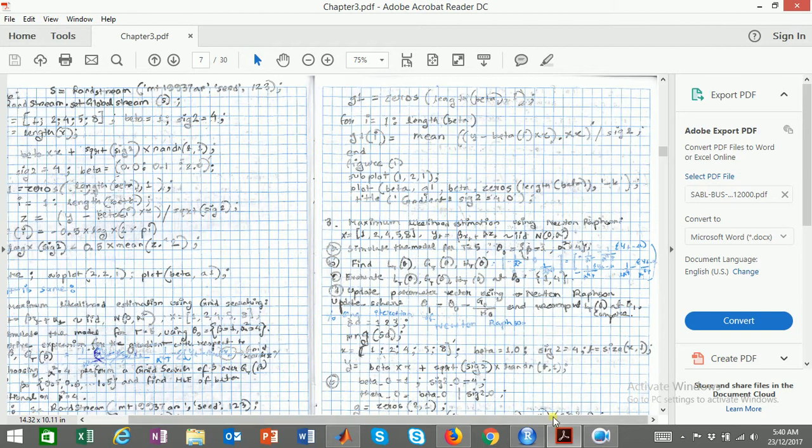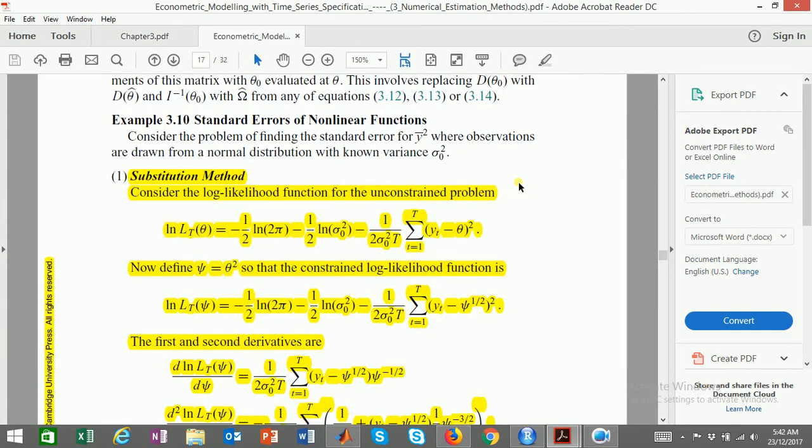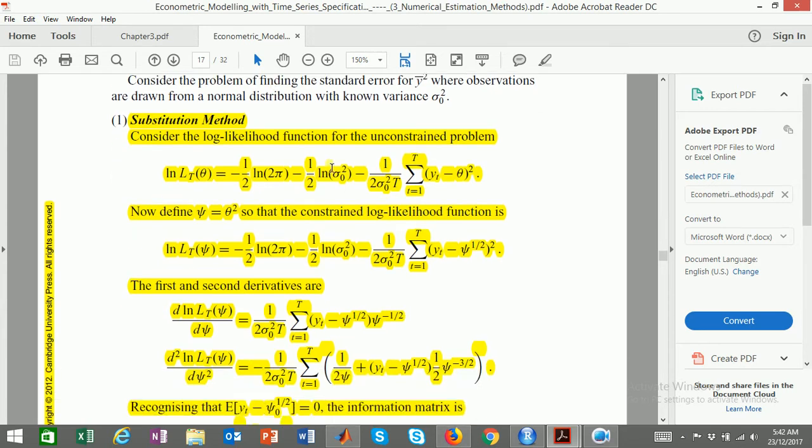So this is essential, very important to remember in the process when we are finding standard errors of nonlinear functions.